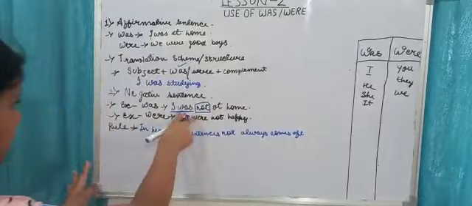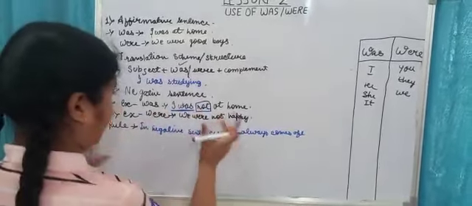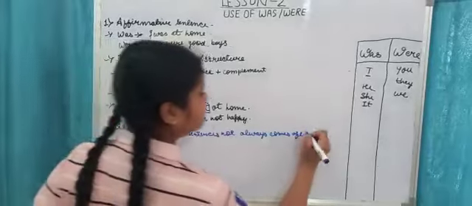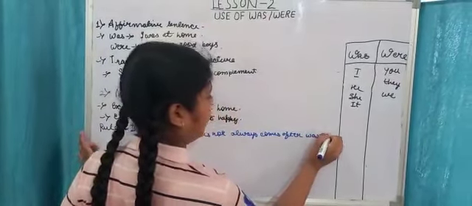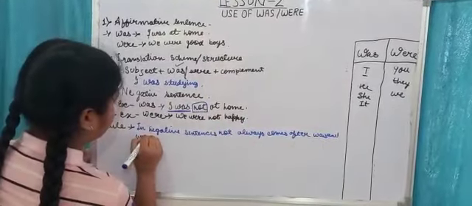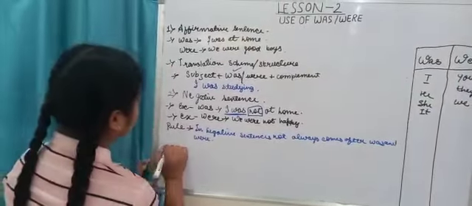Like here it is were, here it is was, and after that not has come. It never comes before was and were. It comes after was and were.